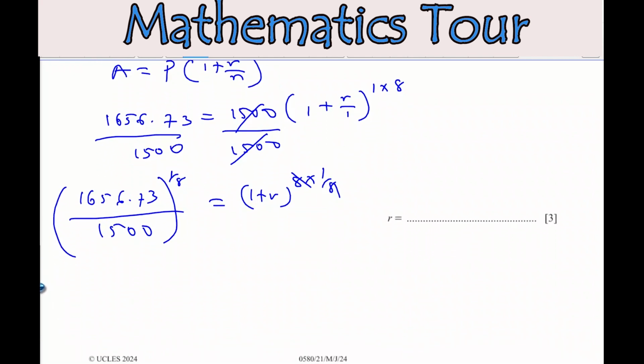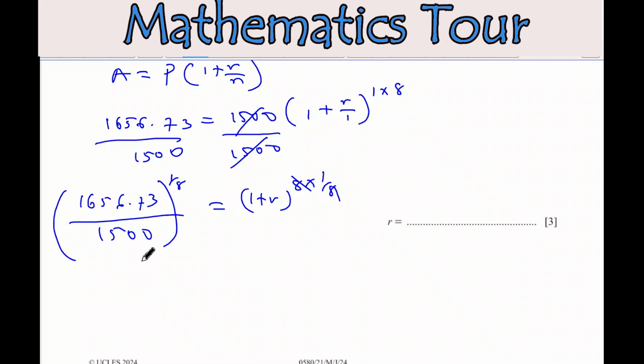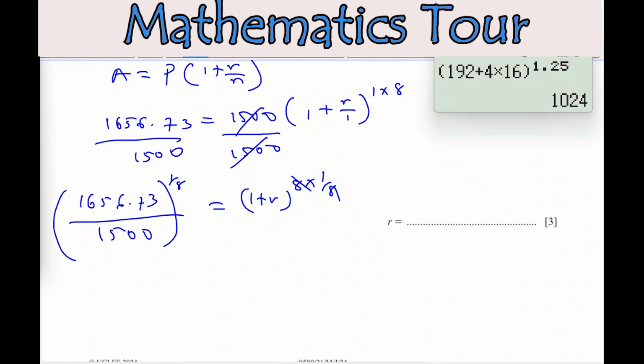You can actually input this into your calculator and get the answer straight away, the way it appears here. Let me show you that. Let's get the calculator. We need to open a bracket, then we need a fraction.